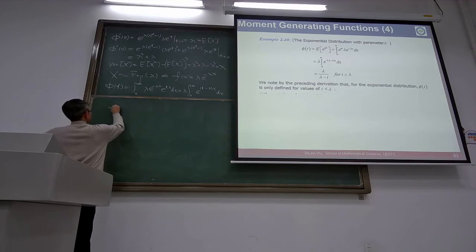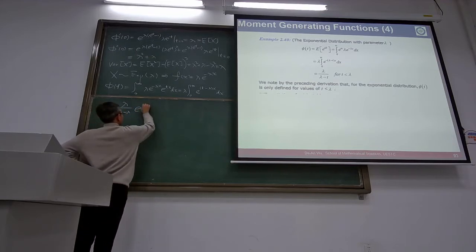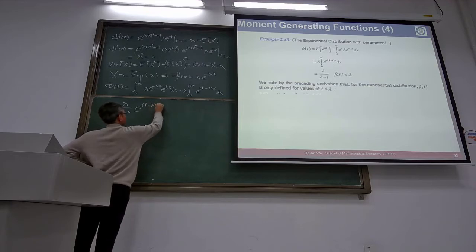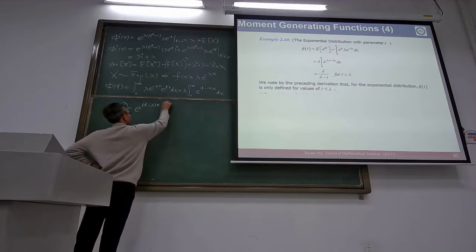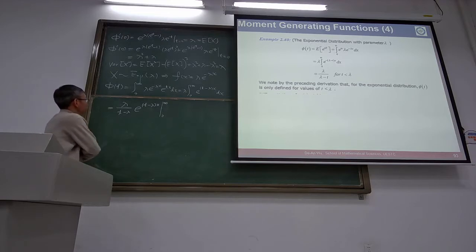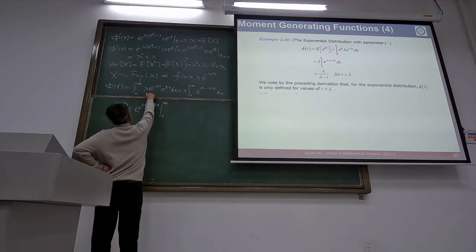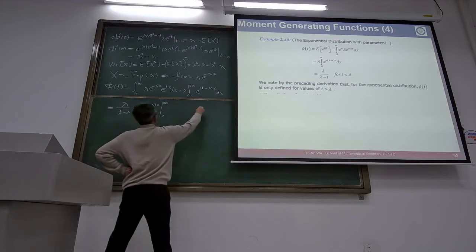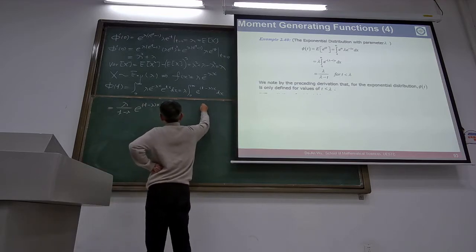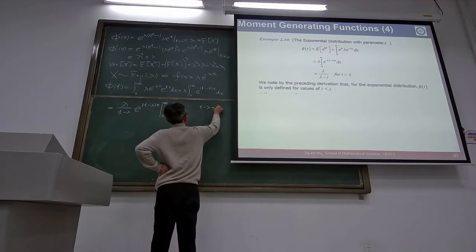This is lambda over t minus lambda, and here, of course, we request, for convergence of this one, that the absolute value of t minus lambda be less than 0.